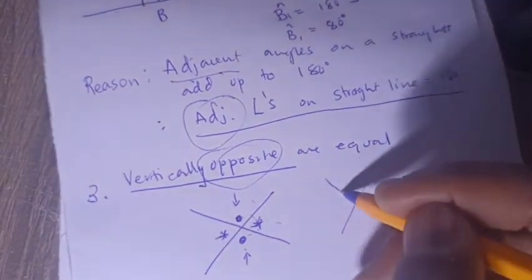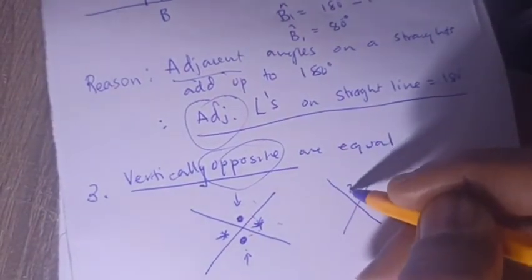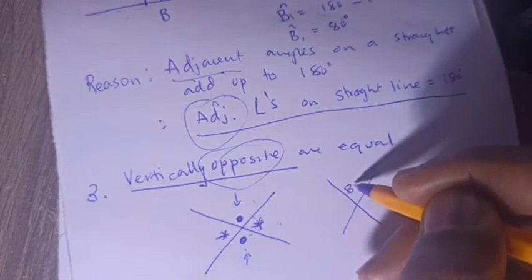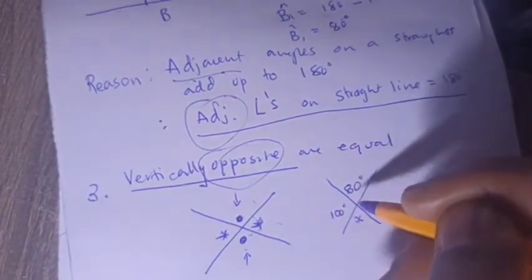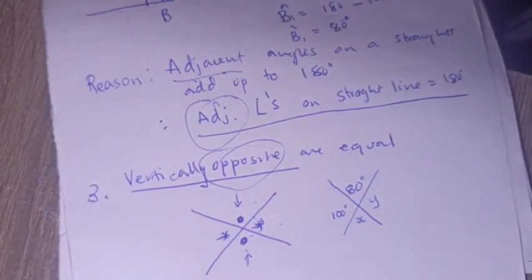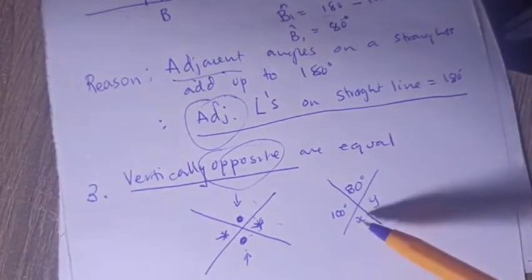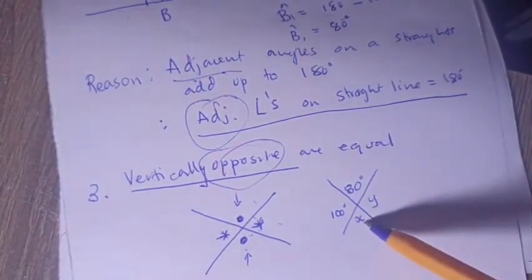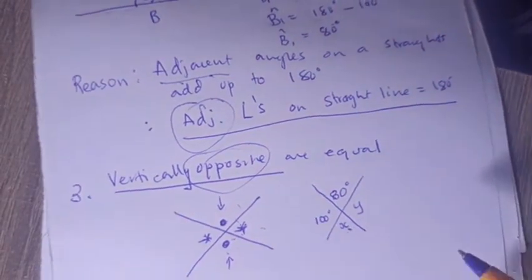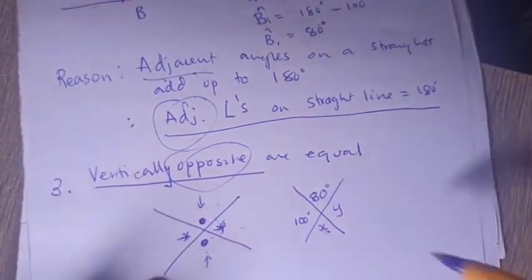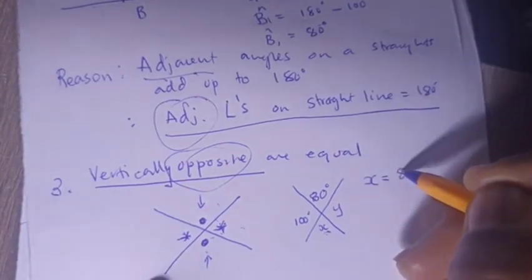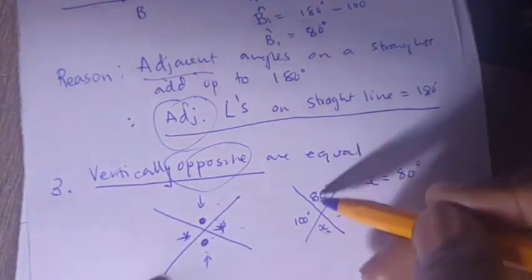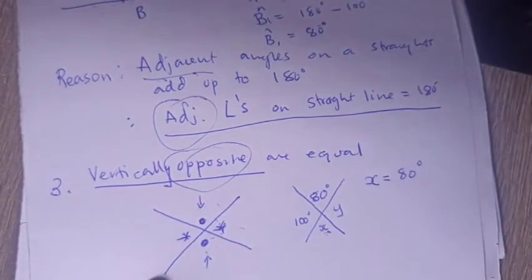Meaning, if they give you, I'm just trying to use simple examples so that we understand. If they say, find the value of the angle here, you're going to look at the one that is facing it and you say, okay, x will be 80 degrees also because vertically opposite angles are the same.